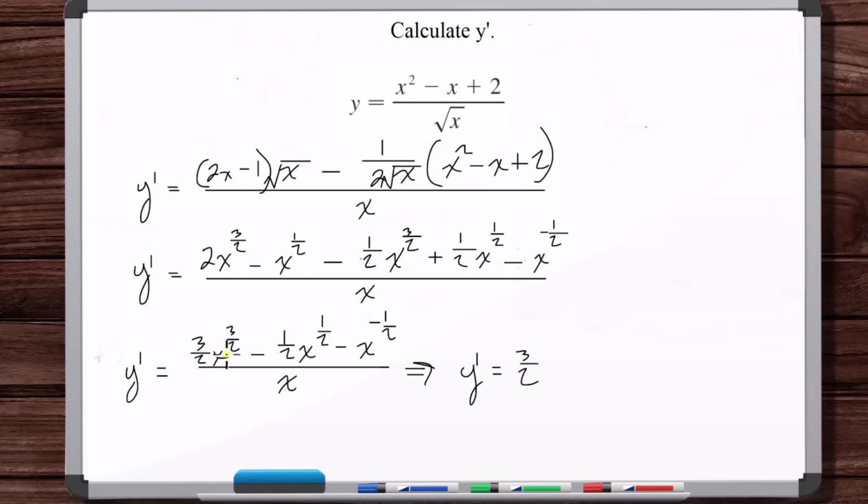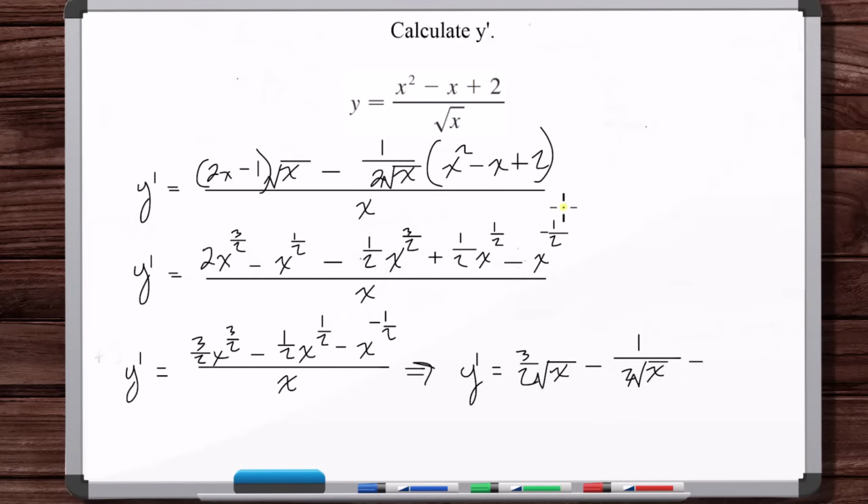3/2 x to the 3/2 minus 1 x to the 1/2, so square root of x. Okay, 1/2 x to the 1/2 divided by x to the first. That's x to the minus 1/2, so 1 over 2 root x. Okay, x to the minus 1/2 over x to the first.